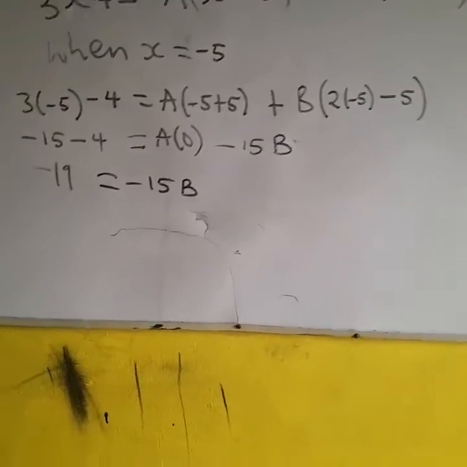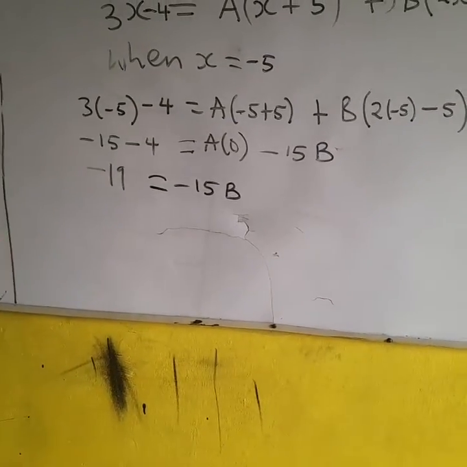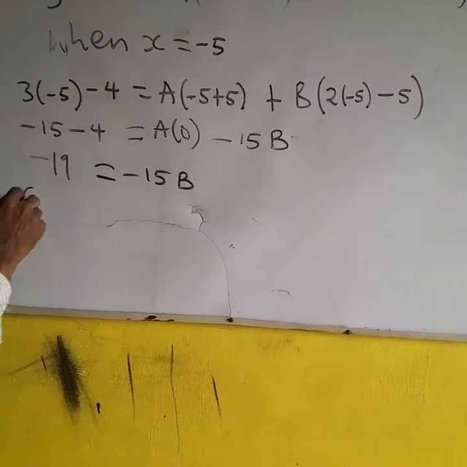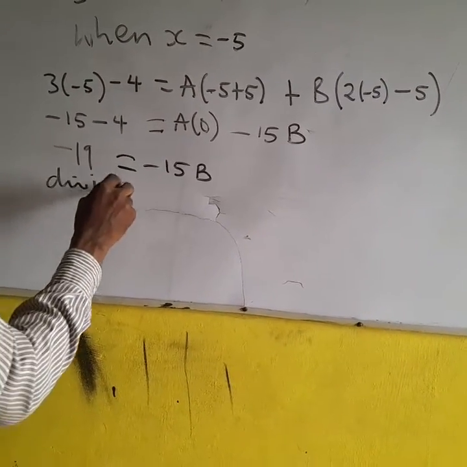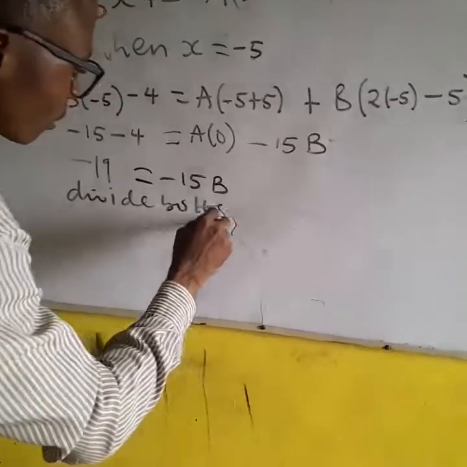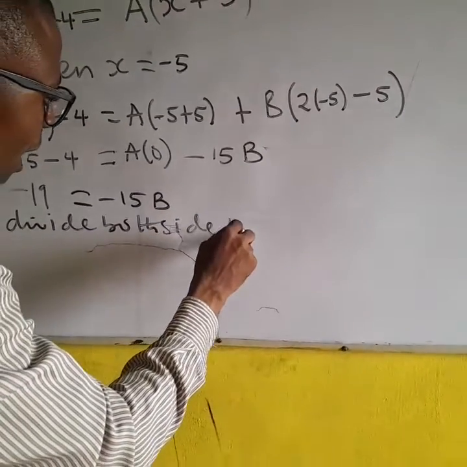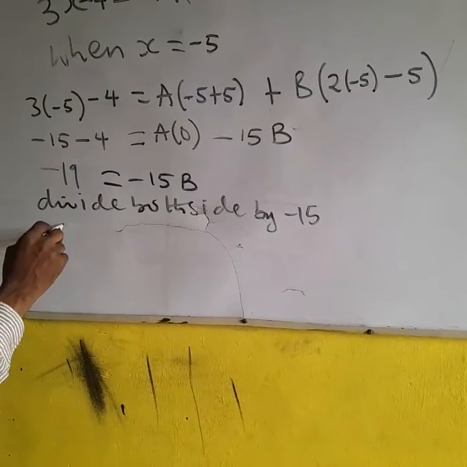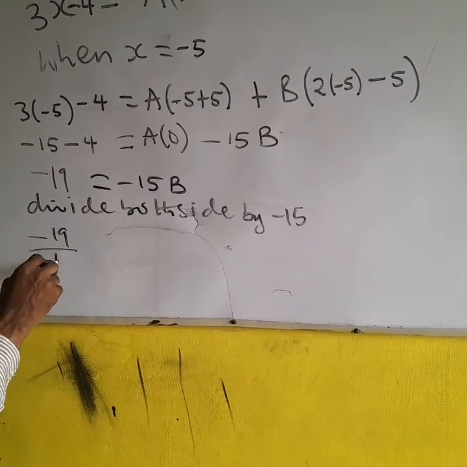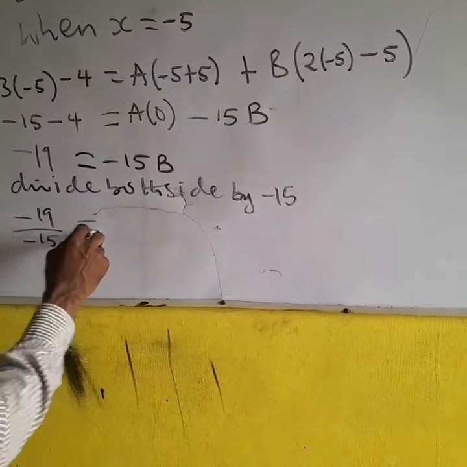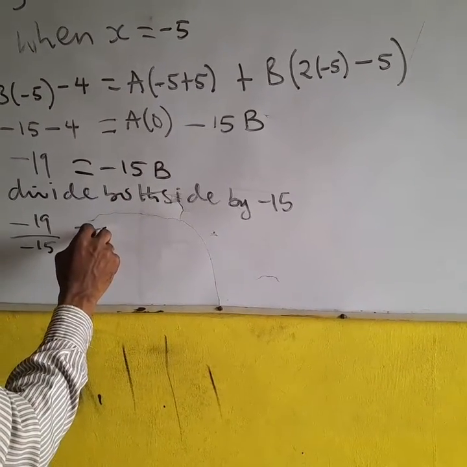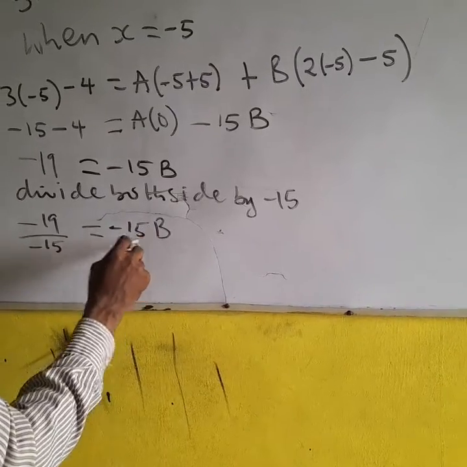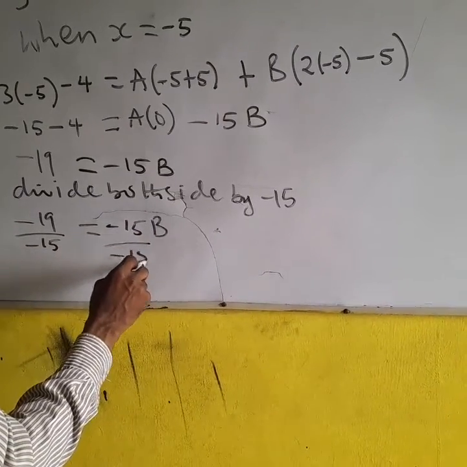You divide both sides by the coefficient of B, which is minus 15. So we have minus 19 divided by minus 15 equal to minus 15B divided by minus 15.